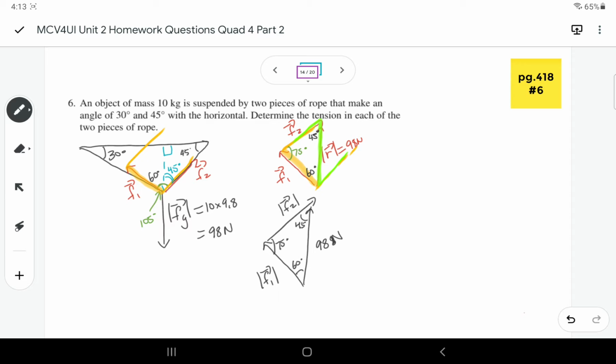I know all of the angles. There's no ambiguous case here. So I'm just going to say the magnitude of F1 over sine 45 is 98 over sine 75. And pop that into my calculator.